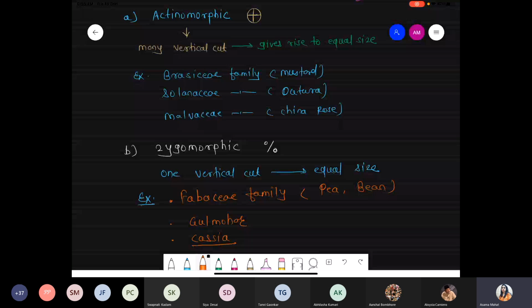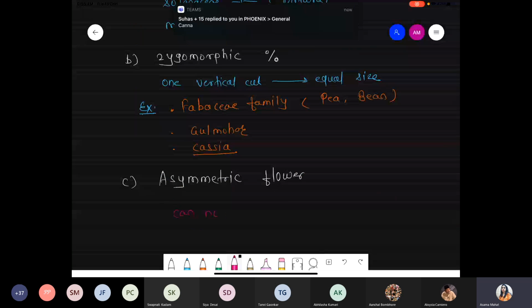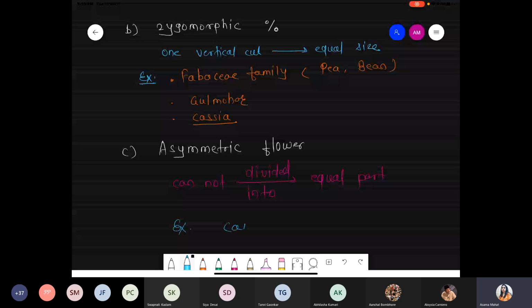And asymmetrical flower, simple meaning, cannot cut, cannot be divided into equal half. It is not divided into equal parts. And the example for the asymmetrical flower, that is canna. Canna, banana. Remember, यहाँ पे बस canna है, not banana. We are talking about only canna.